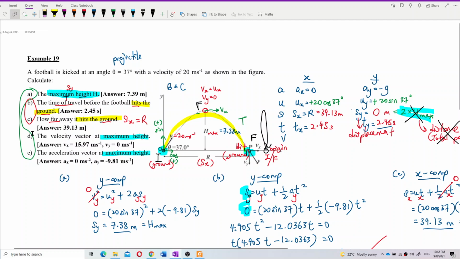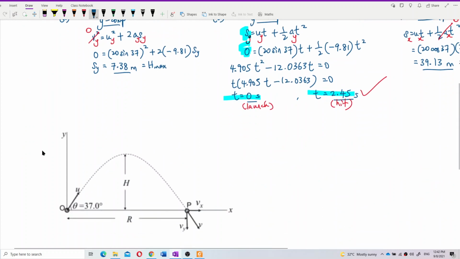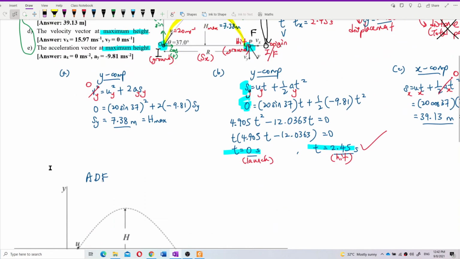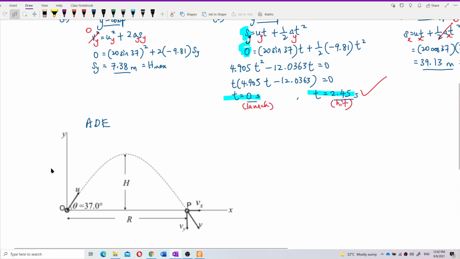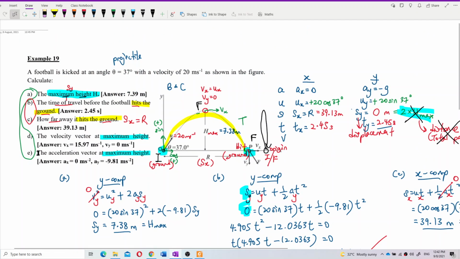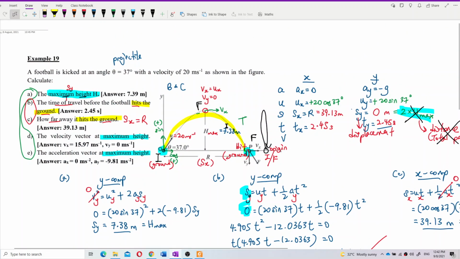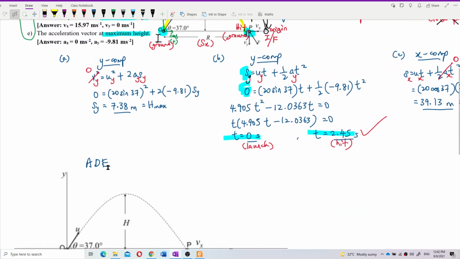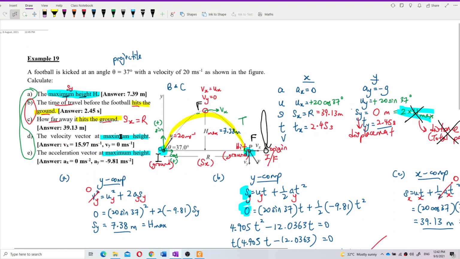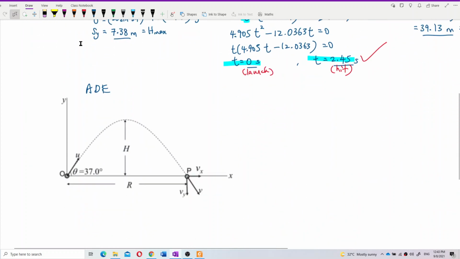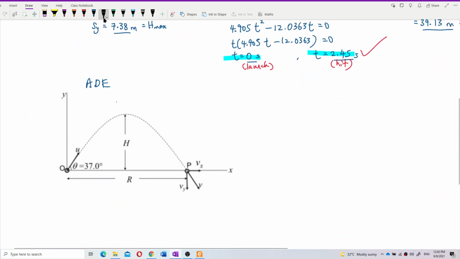But for A and D and E, the final point is at maximum height. You want to know, for B and C, the final point is hit the ground, but for A and D and E, the final point is at maximum height. So it's over here, the final point.